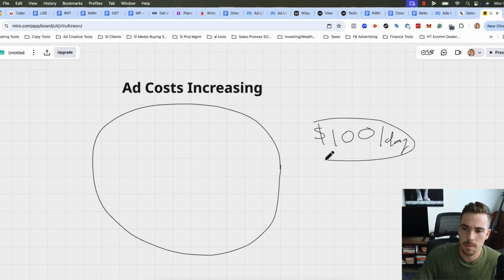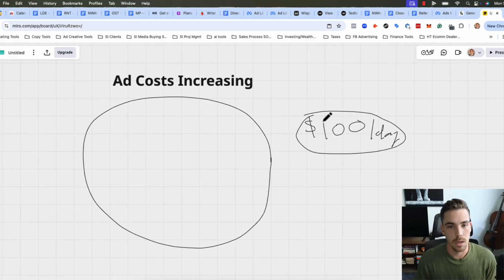At that low of a spend, what you have to understand about Facebook, or Meta, whatever you want to call it, is that Meta's very, very, very good at predicting who is going to respond to your ads. The reason Facebook/Meta is the best ad platform, especially for beginners, like people that are not going to spend thousands of dollars a day on ad spend, is because it's a really, really good prediction machine.